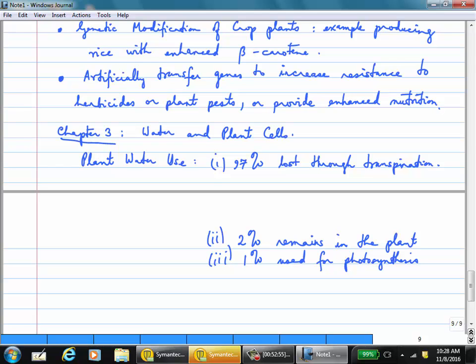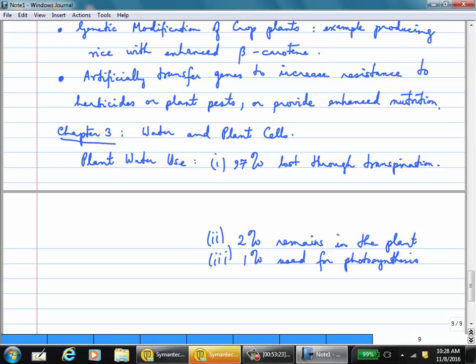Now the concentration of carbon dioxide in the air being very low, the concentration gradient is not there. At the same time, the water inside the plant, the concentration is high. So the water flows downhill, from inside the leaves it will come out, and that is going to propel carbon dioxide going into the plant. That is extremely inefficient because for one molecule of carbon dioxide to go in, the leaf has to expel 400 molecules of water.